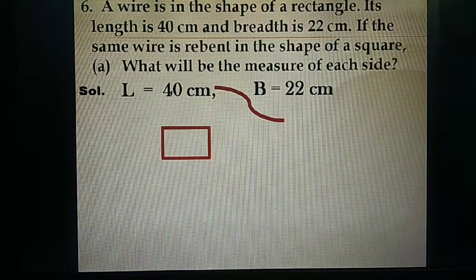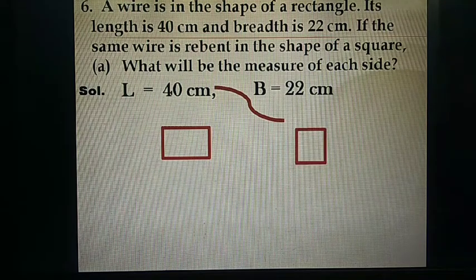Now with the same wire, we are forming a new shape, that is square. Now the total wire is forming the perimeter of a square. In both cases, the wire is forming the boundary. Wire is same for both, so the perimeter or the boundary of both the shapes will be same.